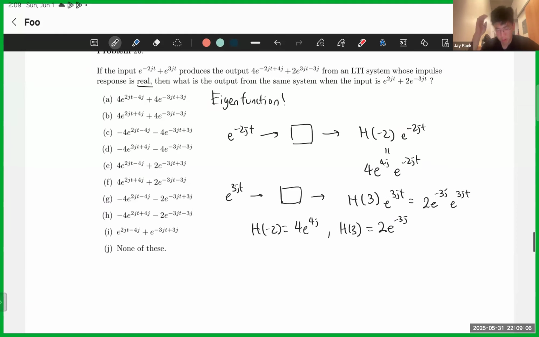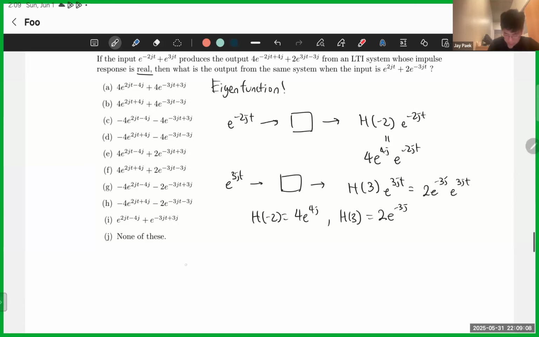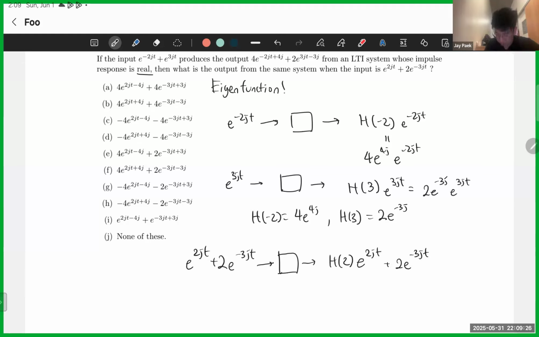And so now the question is, what if I input this? Then it should be very clear that my output should be something that looks like this.